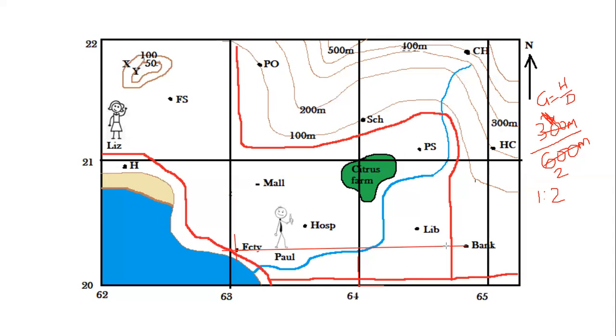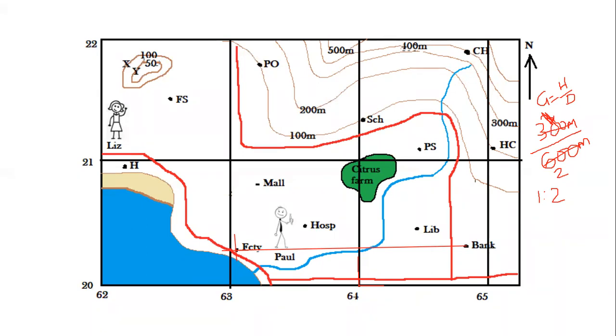And later on, after he has taken care of his business, he needs to go from the bank to the church. If we look, the general direction in which he needs to go from the bank to the church would be north. All right.